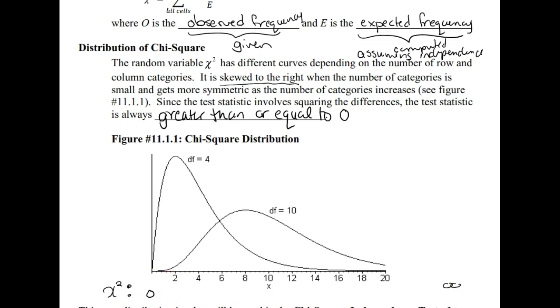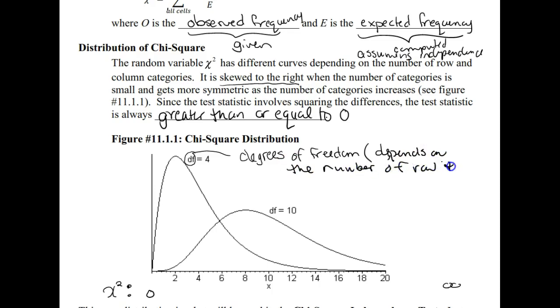We don't have a symmetric distribution with 0 in the middle like we did with t-scores and z-scores. And this df, we don't really need to worry too much about since we aren't using tables anymore, but it stands for degrees of freedom, which depends on the number of row and column categories.